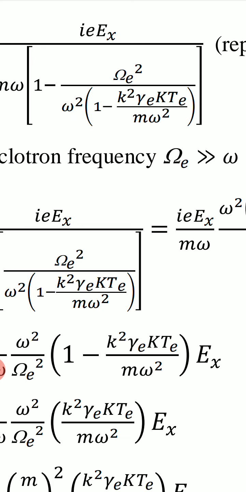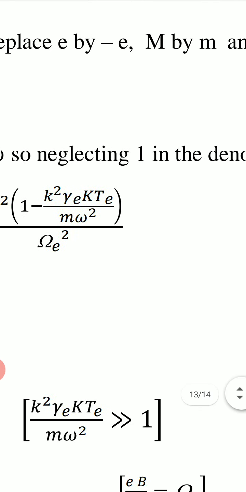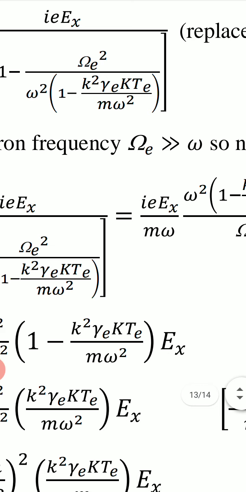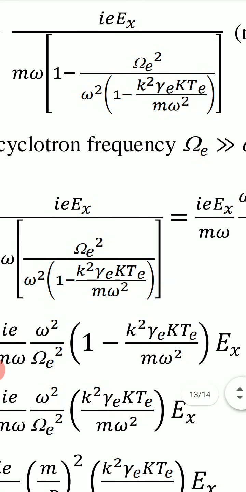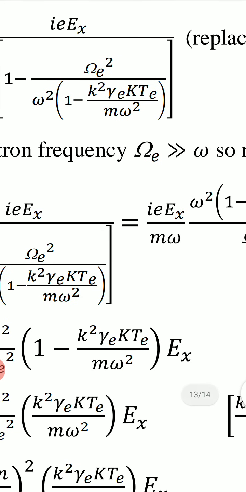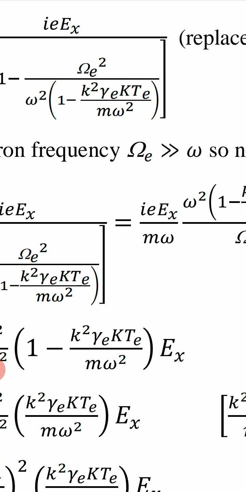In the previous case it is omega i square, now we write it as omega e square. Omega e is now the electron cyclotron frequency, omega e square upon omega square into 1 minus k square gamma e k Te upon m omega square. So in place of gamma i we write gamma e, in place of Ti we write Te. That is for electrons.